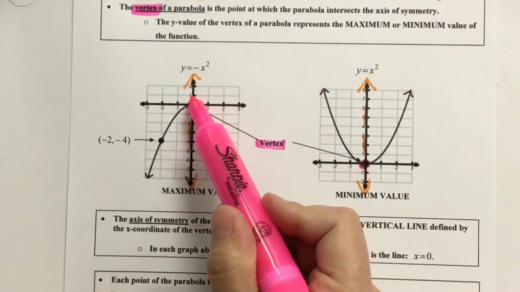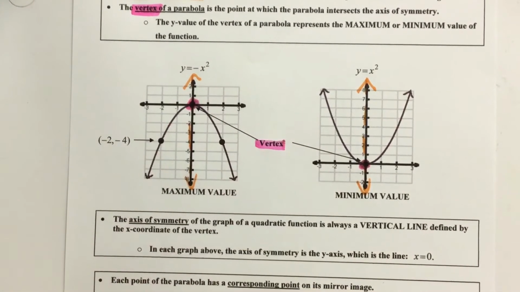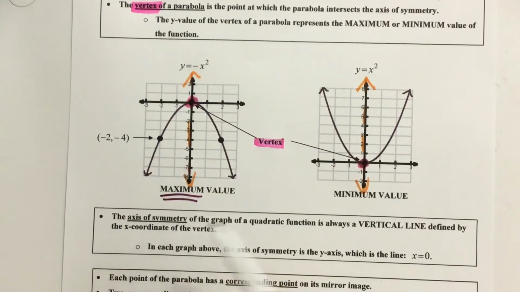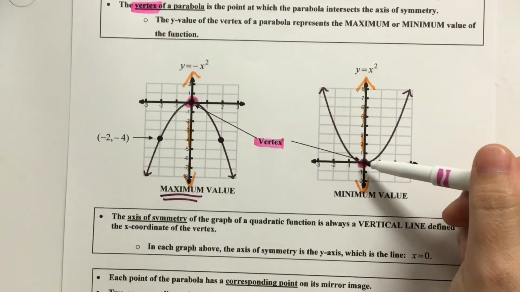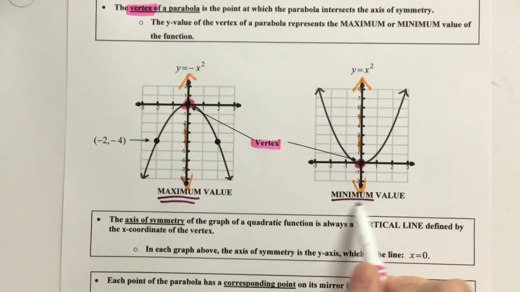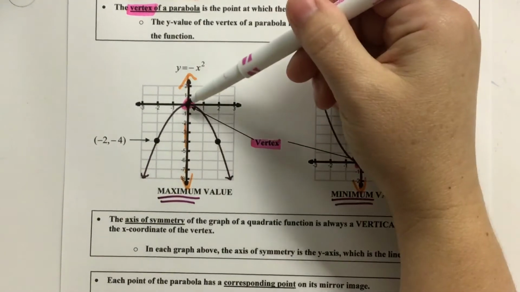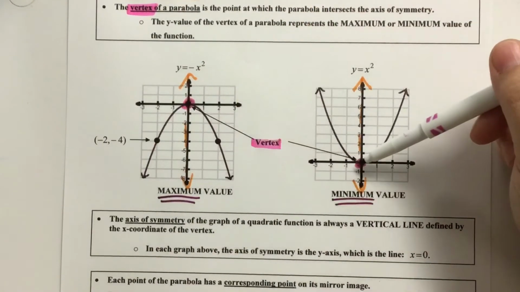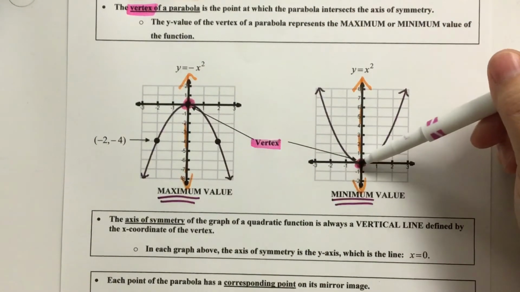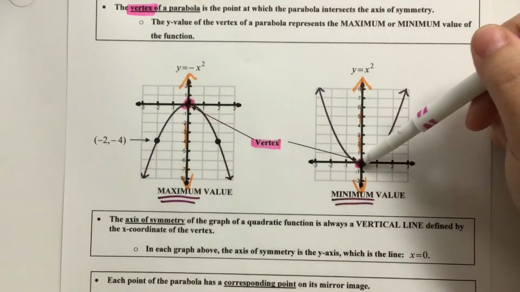If the vertex is the highest point of the graph, that is called a maximum. And if the vertex is at the lowest point of the graph, that's called a minimum. And hopefully that makes sense in your head. If it's the highest, it's max, and if it's the lowest, it's minimum. But it all depends on where the vertex is.